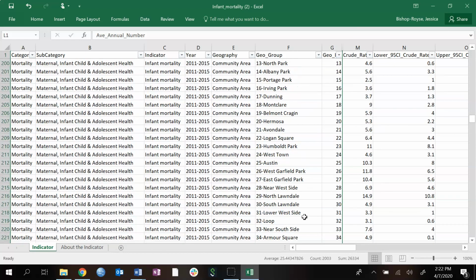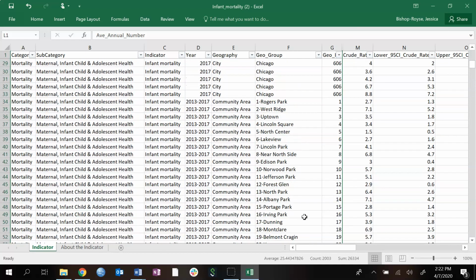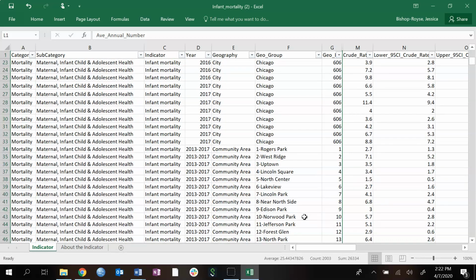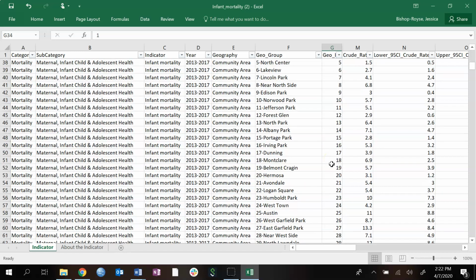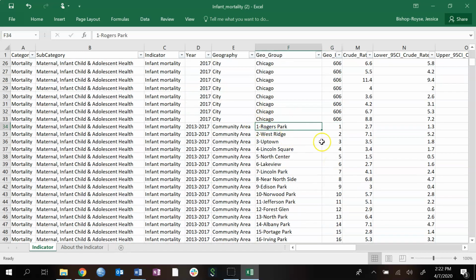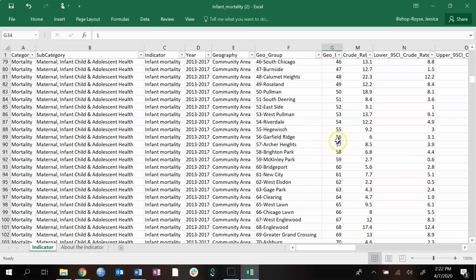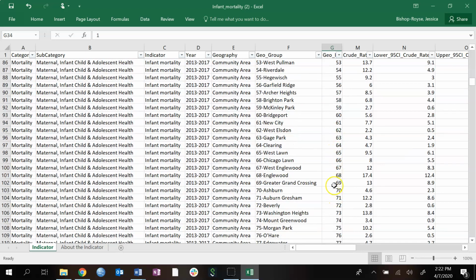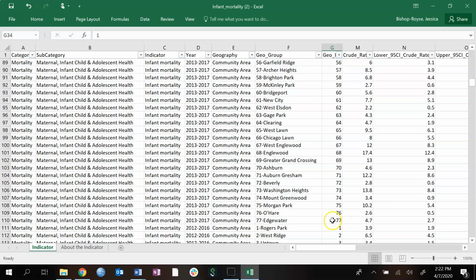Now, the first thing I'm probably going to start with is I want to have a spreadsheet that has the community name and the number. If you'll see here, you've got numbers, the community areas in Chicago are numbered from 1 to 77, starting with Rogers Park, number 1, and then going down to Edgewater, which is 77.